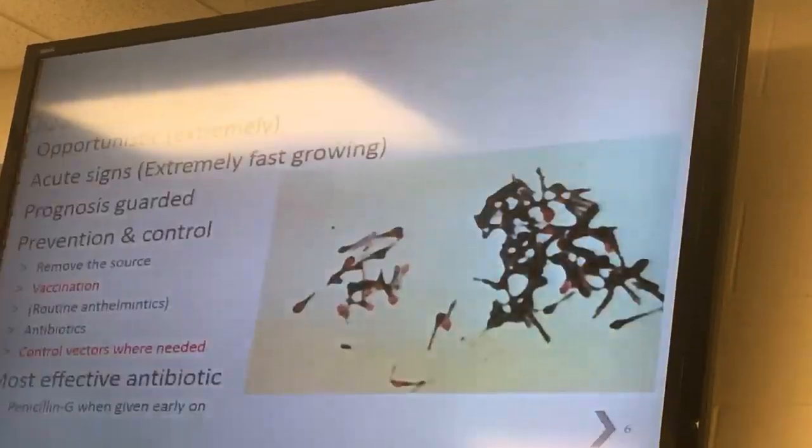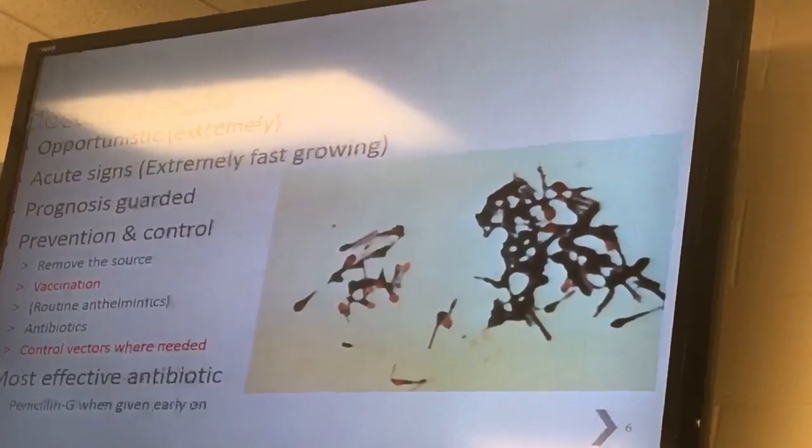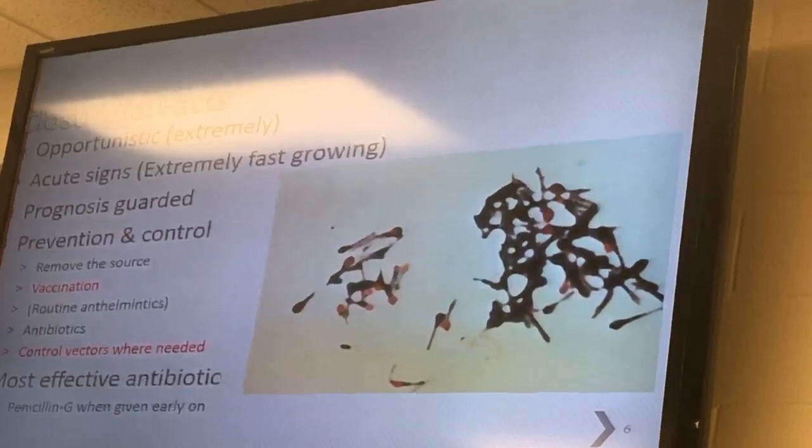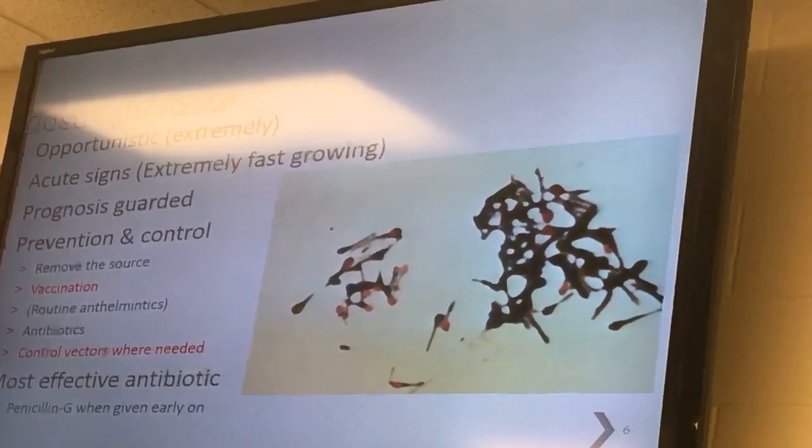Clostridial species are extremely opportunistic. So why is this important? It's important because when you go out to deal with these animals, they will either die suddenly, or if you do a necropsy, you need to do it within at least, well, you only have up to 2 hours after they have died.